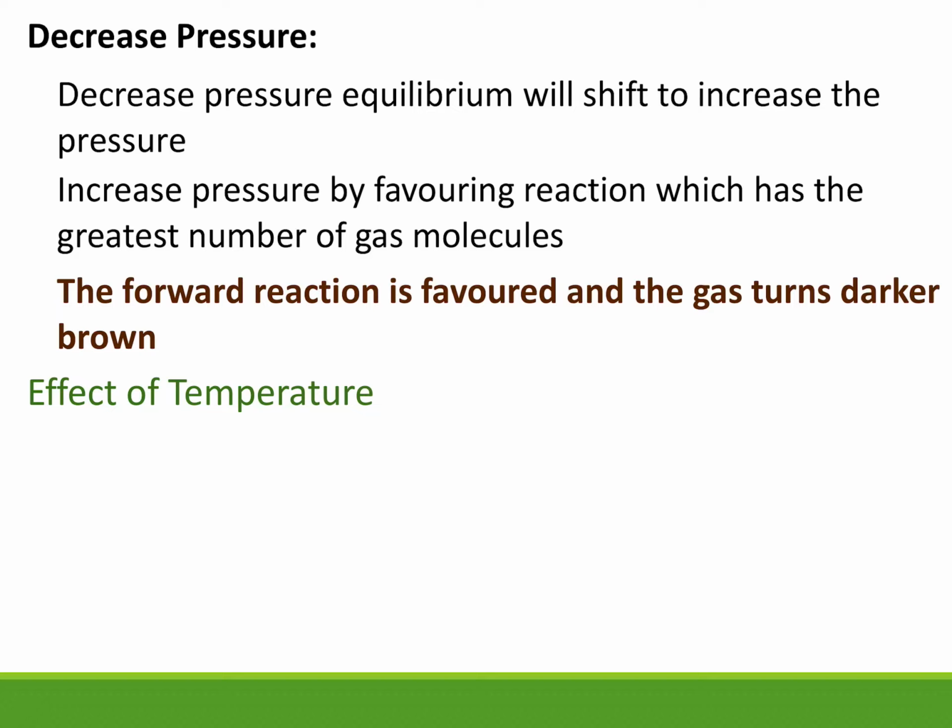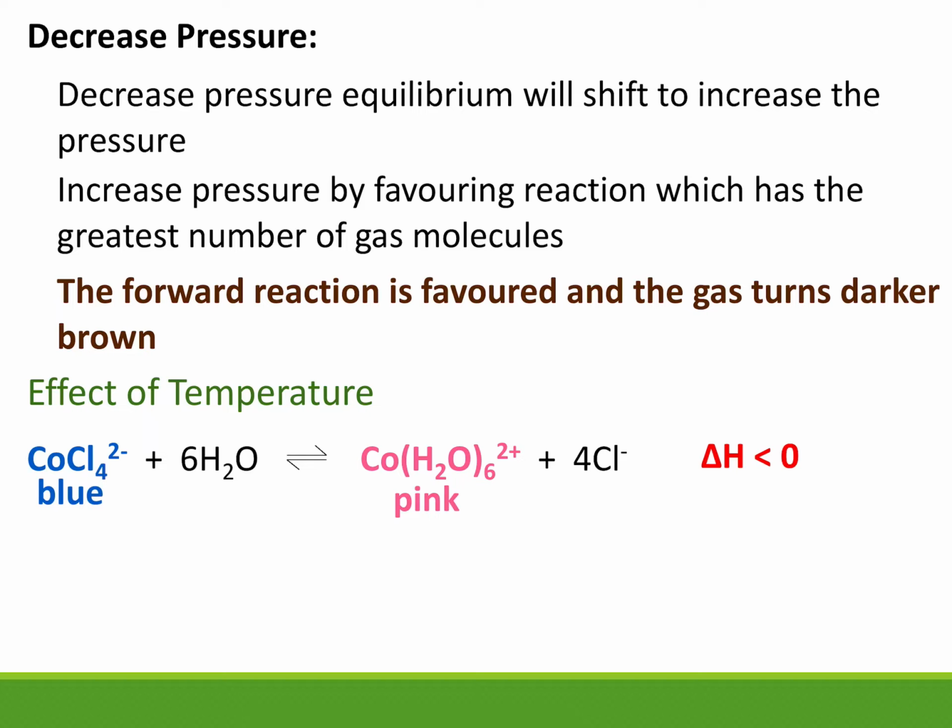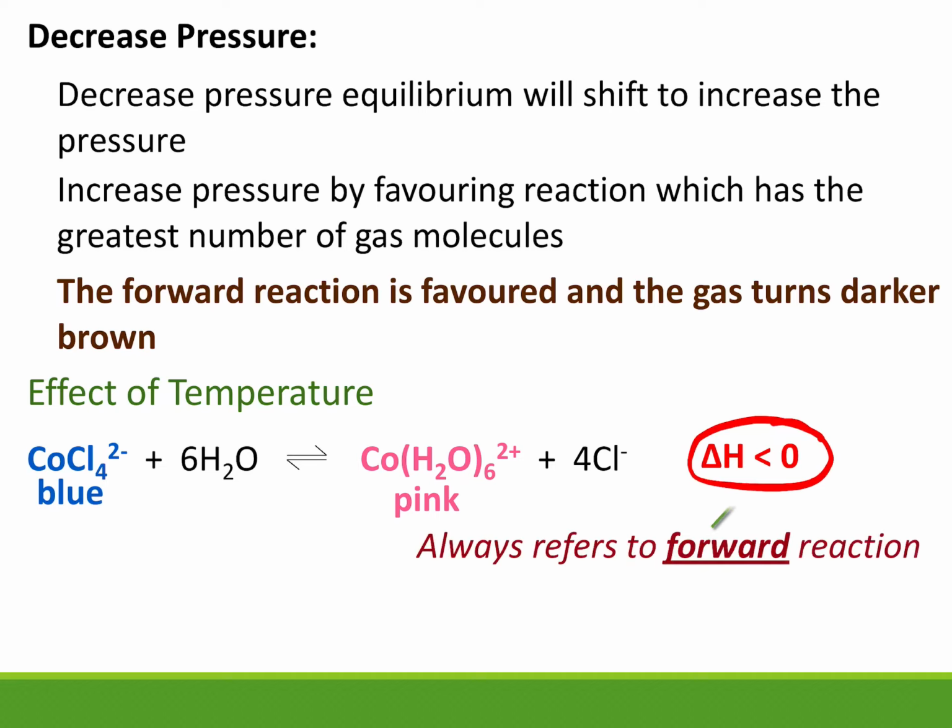All right. Temperature. Temperature is like switching the heater on or the air conditioner. Okay. So when we look at the reaction, here we've got delta H. This delta H is very important. With temperature, I need to know if the forward reaction is exothermic or endothermic.